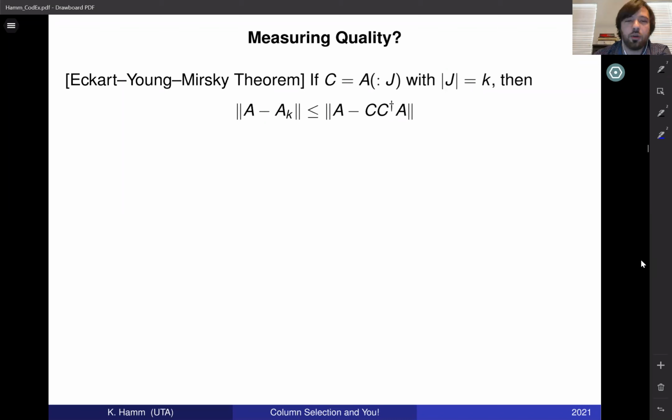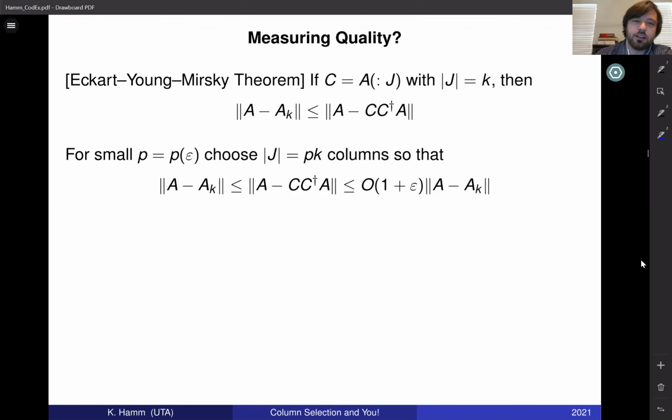And so what we're going to ask for is some small oversampling factor, possibly depending on some epsilon, such that when I choose slightly more columns than k, I get an upper bound on the order of 1 plus epsilon times the SVD error. So basically, I want to allow myself the flexibility of a few more columns, but I want to approximate well, within a tight range, the truncated SVD error.